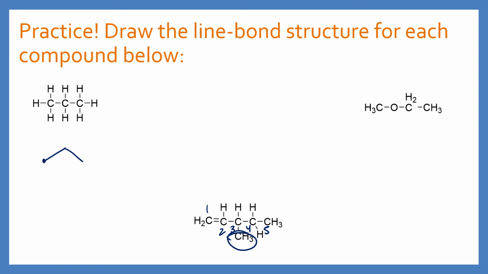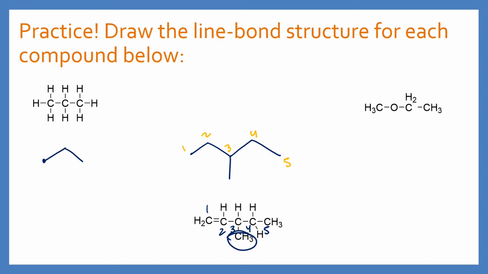So let's go ahead and draw out a 5-carbon chain. We have 1, 2, 3, 4, 5. There's another carbon coming off of the 3rd carbon. And then we have to have some way to represent the double bond between carbons 1 and 2. Let's go ahead and number these so that we're all on the same page.